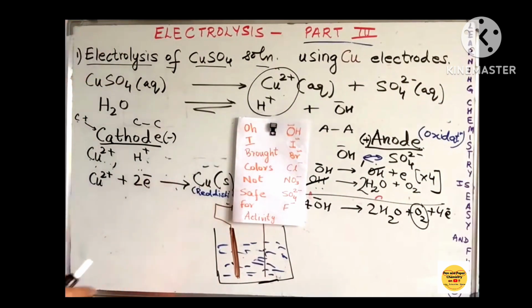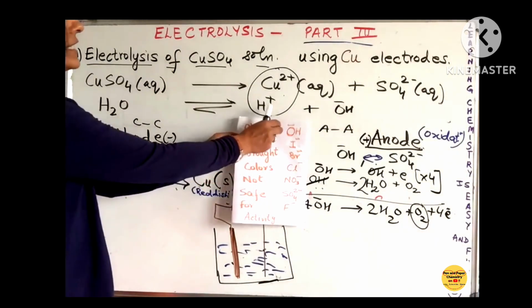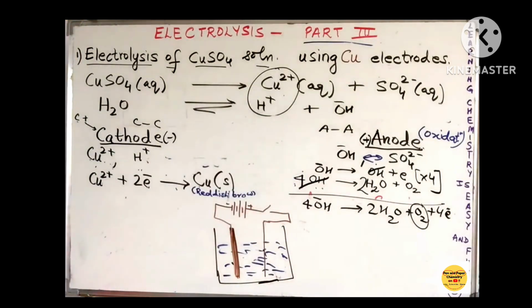And we are good to go with the second set of electrolysis, that is electrolysis of copper sulphate solution using copper electrodes. Copper sulphate solution, that means the initial reaction will remain the same. Copper sulphate dissociates, water ionizes.